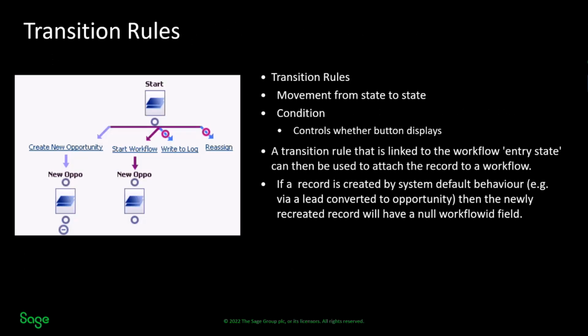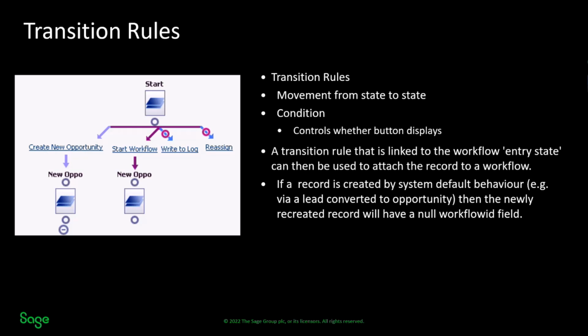Primary rules govern the initial creation of the record. Transition rules govern the movement from one state to another state within the workflow. That state, by the way, can, in the case of complex entities like communication, person, and company, be where the record already exists.